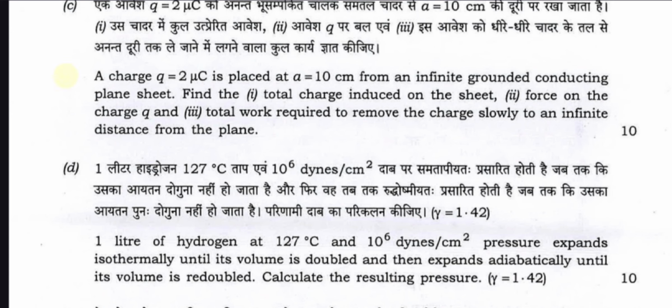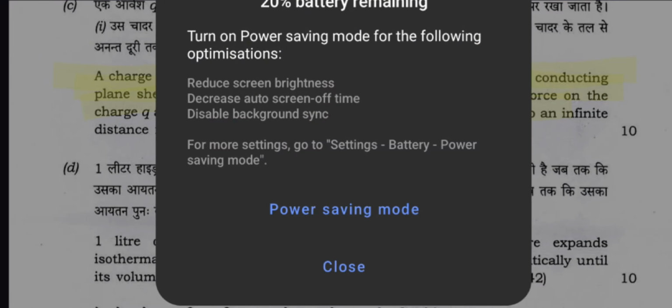A charge q equal to 2 microcoulombs is placed at a equal to 10 centimeters from an infinite grounded conducting plane sheet. Find the total charge induced on the sheet, force on the charge q, and total work required to remove the charge slowly to infinity.